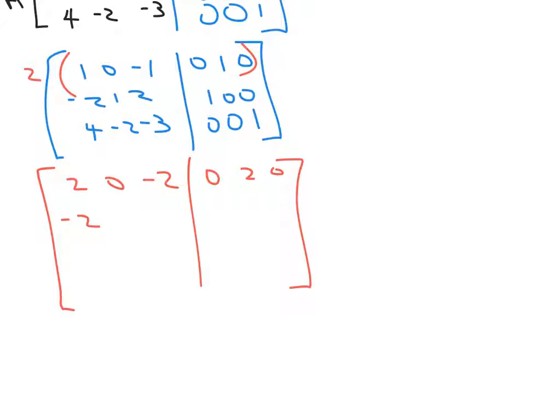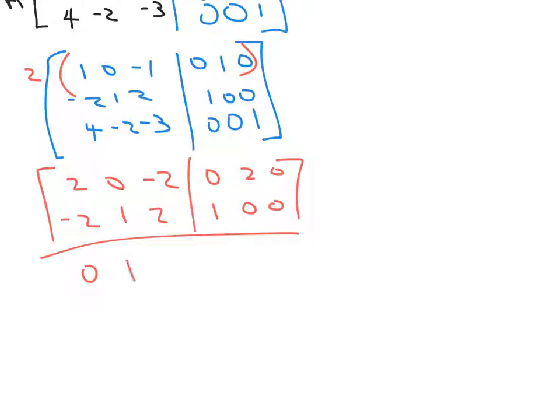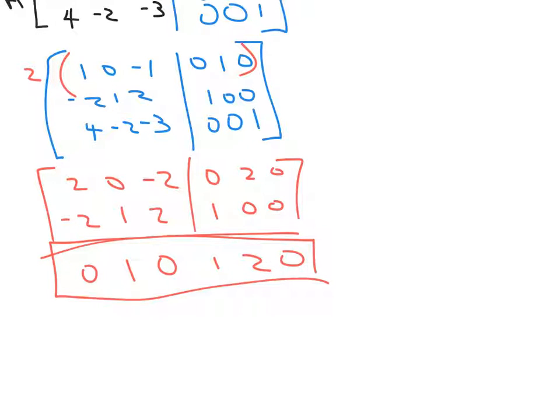And then we get our negative 2, 1, 2, 1, 0, 0. Let's not put all this extra here because we're just adding this. This is not really part of the matrix itself. So that ends up being my second row.